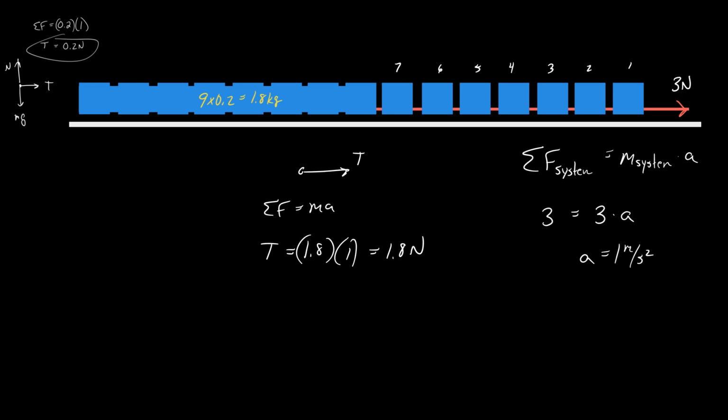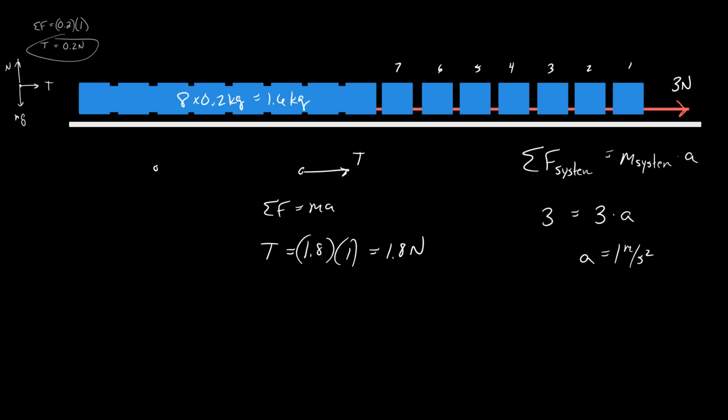We now need to find the tension on the backside of car number 7. How many cars are behind car number 7? 8, I think. 1, 2, 3, 4, 5, 6, 7, 8. 8 cars are behind car number 7. They have a mass of 8 times 0.2 kilograms, or 1.6 kilograms.